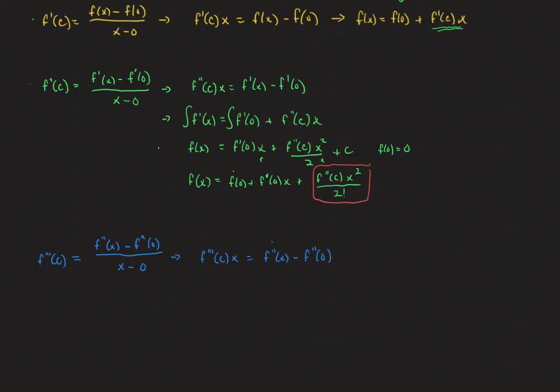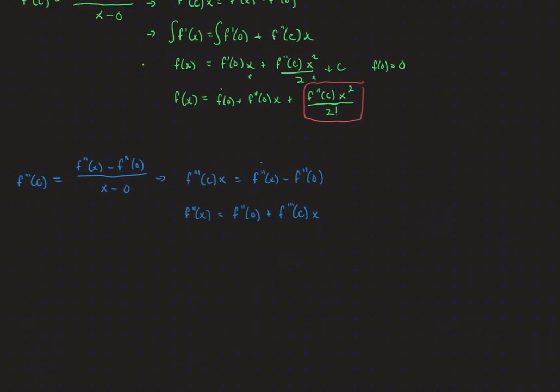We'll again solve for f double prime of x before we think of this as a differential equation. So I'm going to add that f double prime of 0 to the other side, where it will join that f triple prime of c times x, which is how we're going to work our way into our Lagrange error bound for a second order Taylor polynomial.